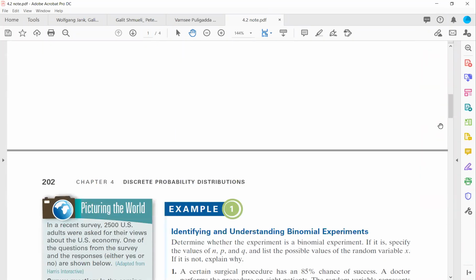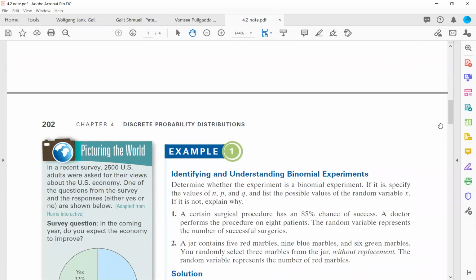On the next page, we have an example. So here, your goal is to identify and understand binomial experiments. First of all, the question says determine whether the experiment is a binomial experiment. If it is a binomial experiment, then identify n, p, q, and list the possible values of the random variable x.